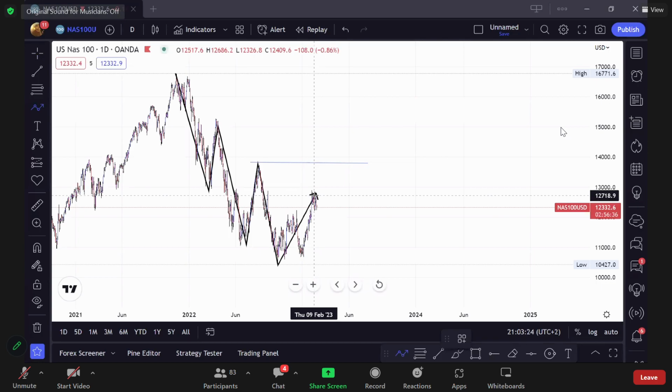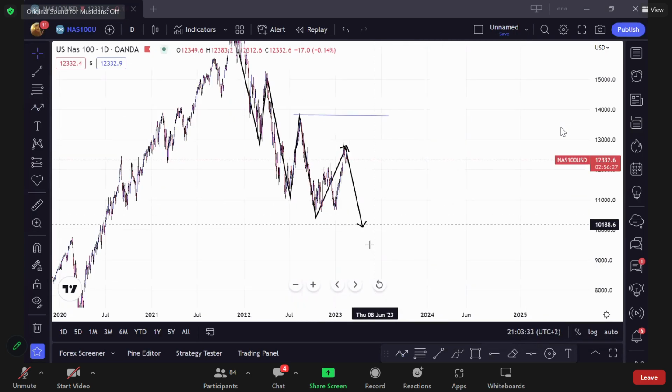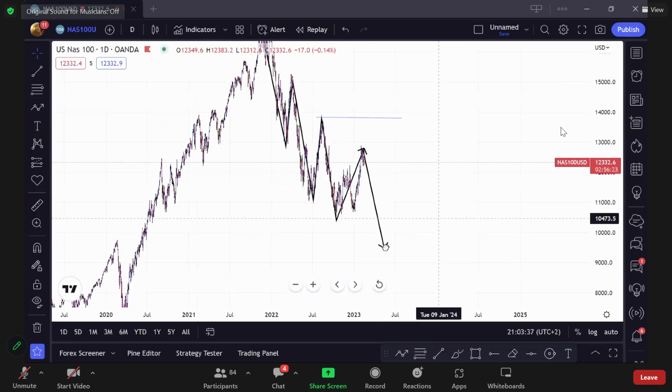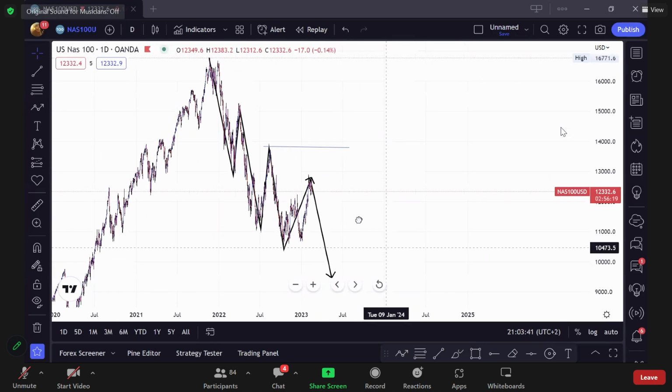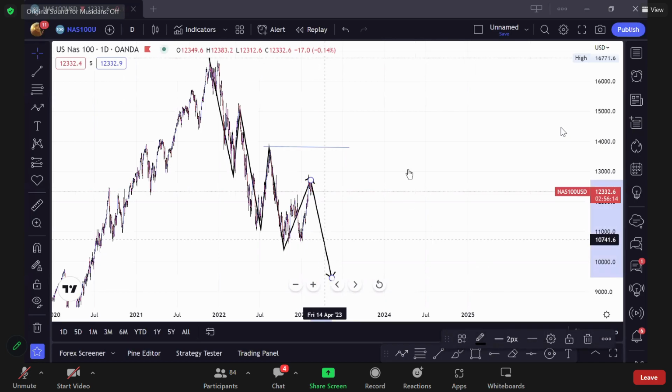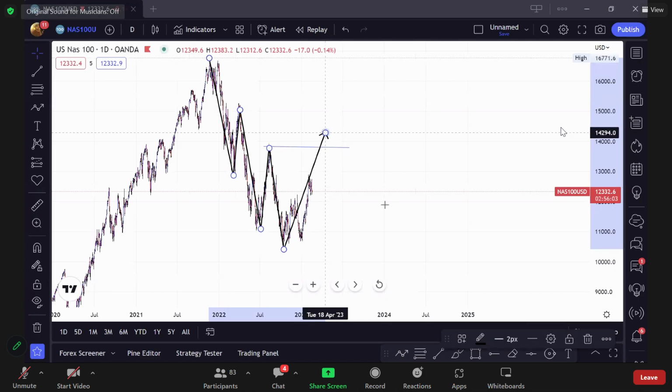So right now, we're obviously expecting price to do that. Unless price does something of this nature, which it won't, but I'm just saying.